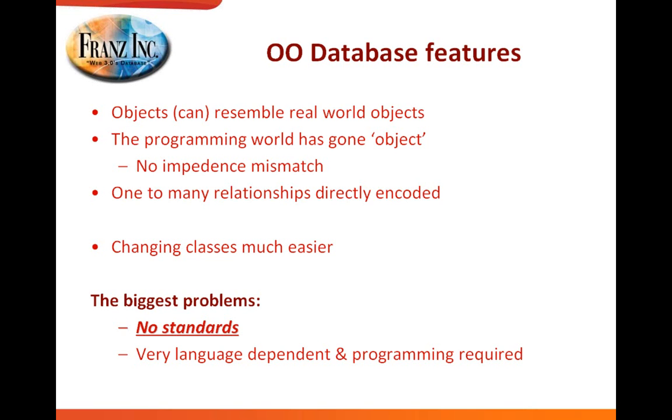So it's really easy in object-oriented databases to program your objects and then transparently for you, they get stored. And even changing classes is a lot easier in object-oriented databases. The biggest problem that I've seen why object-oriented databases don't really take off is there never was a really good standard for the language.